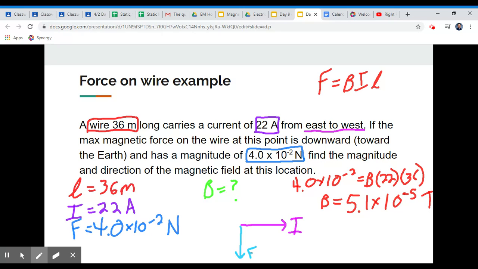So now I'm going to point my thumb to the right, and I'm going to point my middle finger down. And then what you should have is your pointer finger pointing right at you, and that's going to be the magnetic field.